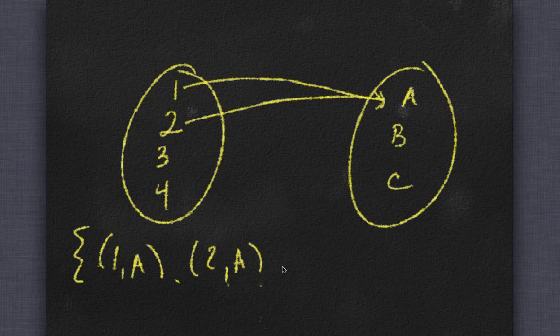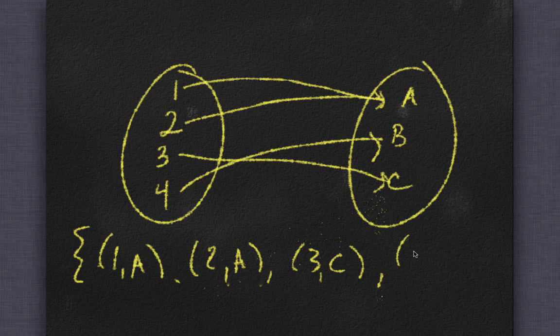The y's repeated, the x isn't, so it's fine. 3C, 4B. And that's a function. It's a function because everybody only shot 1 arrow. So if you have a visual like this, you can just check for any time there are 2 from the same spot. If you have a list like this, you just check the x's and make sure that none of them repeat.